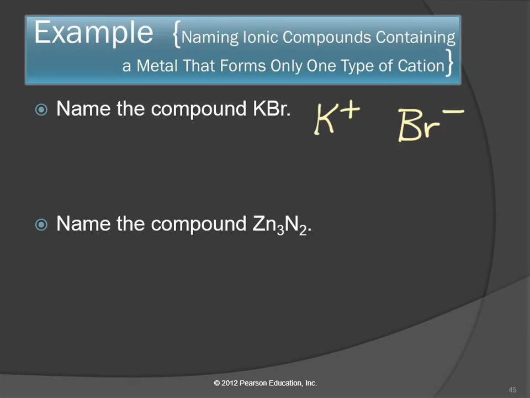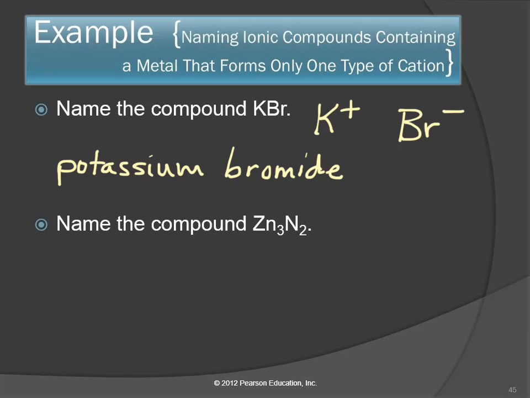Potassium is in group 1A, so his name is just his name. Potassium. And then bromine changes the ending of her name. Bromide. Potassium bromide.